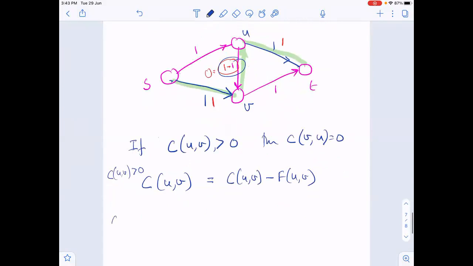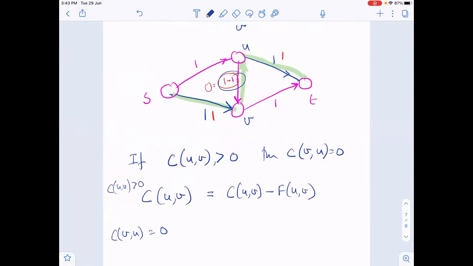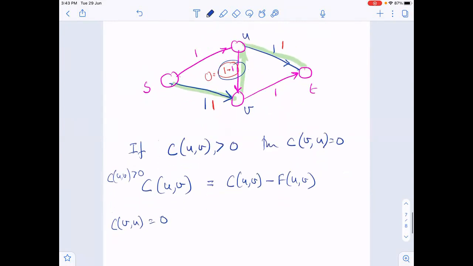And if the capacity of VU was 0, then I have to update it, because I am going to find edges through that capacity, right? It would not be the capacity of UV, it will be the flow of UV. And so the capacity of UV is not equal to the capacity of VU, right?